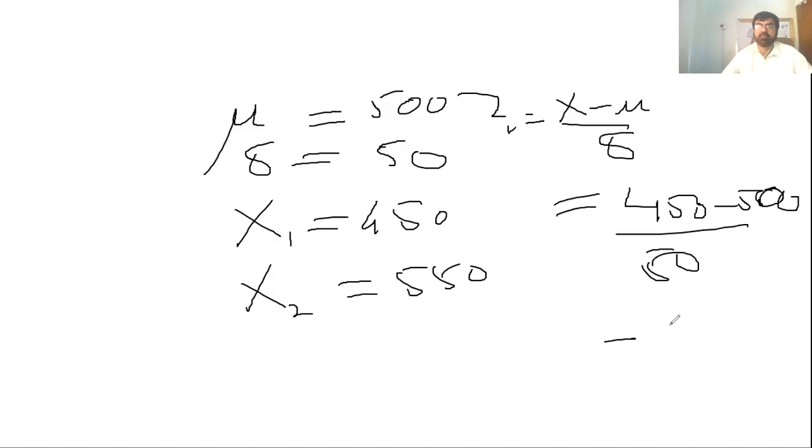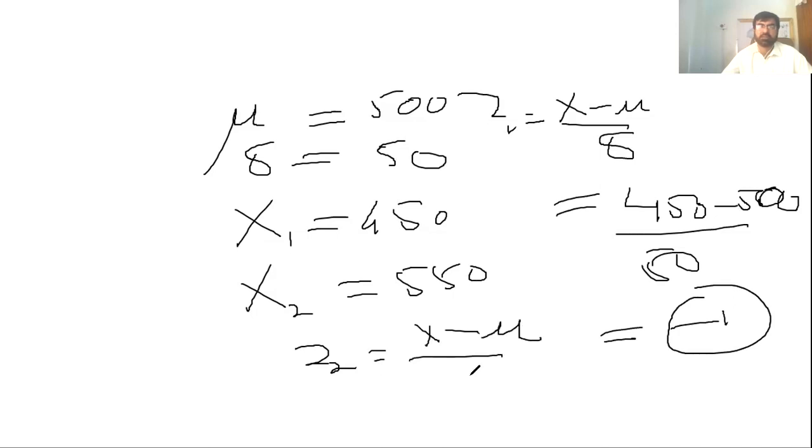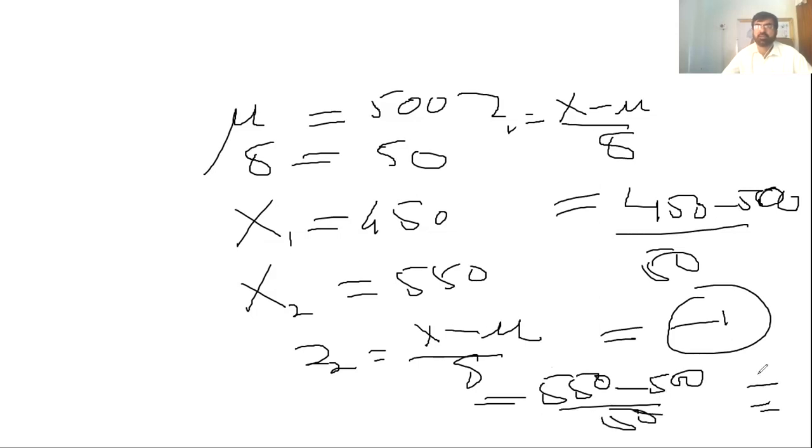That will become minus 1. And z2 is equal to x minus mu over sigma, which is 550 minus 500 divided by 50, which becomes plus 1.